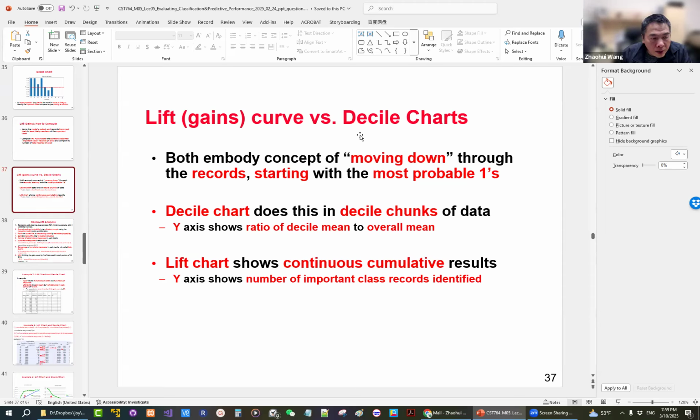Yeah, the lift chart and the decile chart comparison will be in this one slide. Both embody the concept of moving down through the records, starting with the most probable of the important class 1 to the less likely, until 0.